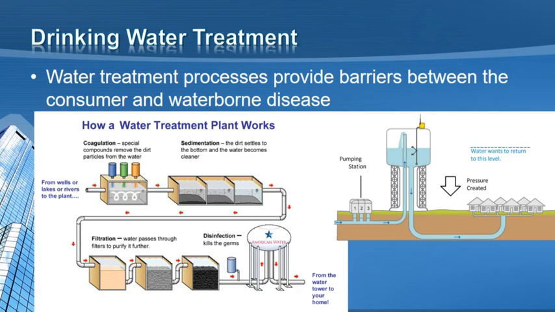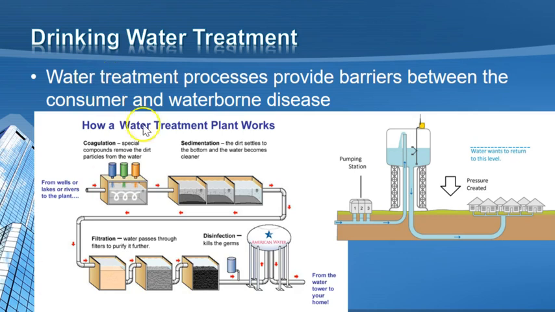And so municipal drinking water supplies and wastewater are going to have different treatment plants. But most of the steps within the plants are pretty much the same in terms of how you remove dirt, how you remove organics, how you remove biologics, and all of that stuff.